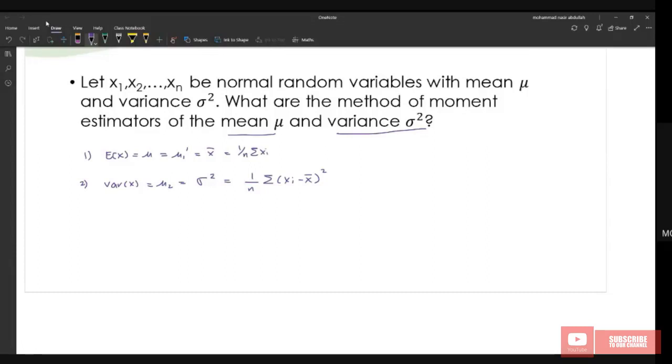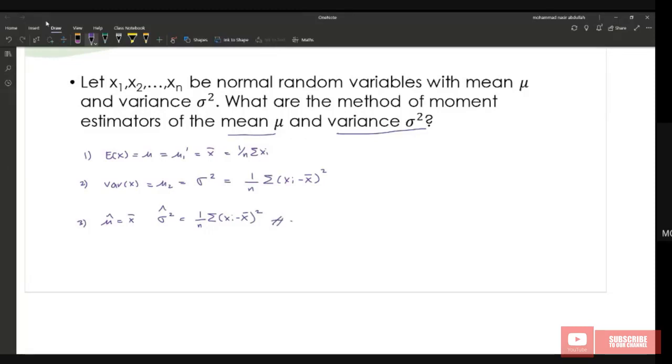The third step is we're going to solve for these two parameters, which are mu and sigma squared. So mu hat is equal to x bar. We already know that. And sigma squared hat is equal to 1 over n summation of xi minus x bar squared. So this is going to be very easy, right?